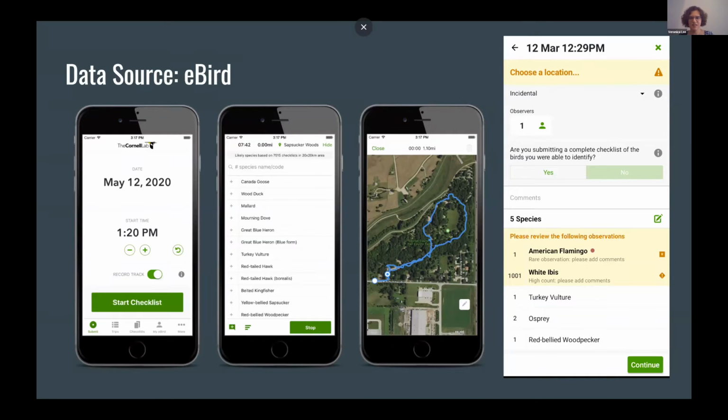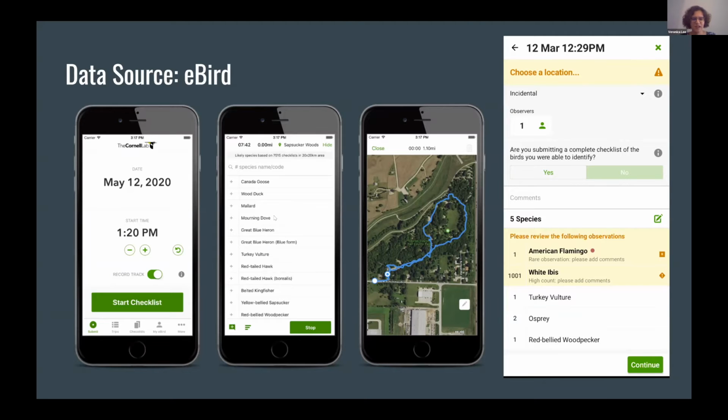The Cornell Lab of Ornithology is a research lab dedicated to understanding birds, and they created the Citizen Science Project eBird, where anyone can report observations of wild birds. eBird works using something called a checklist system. I have screenshots here to show how it works. You open up the eBird app, you start a checklist, and as you're going around looking at birds, you record what you see.